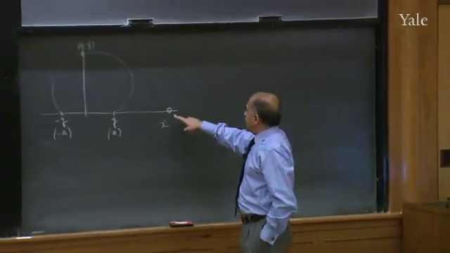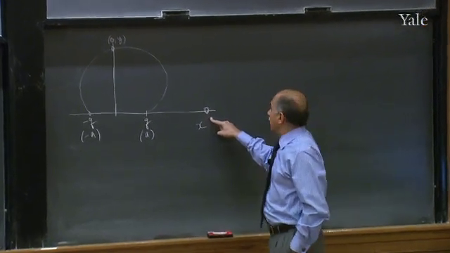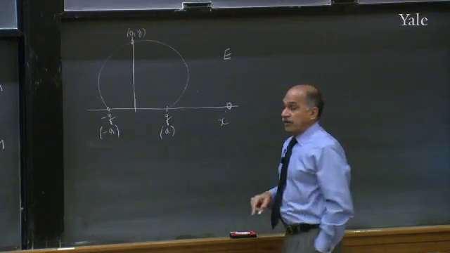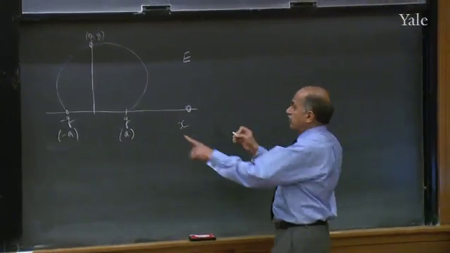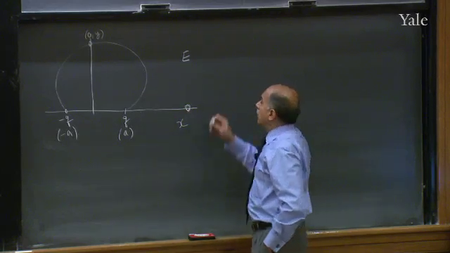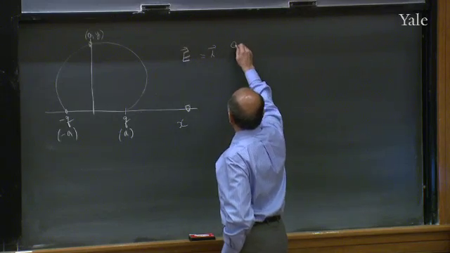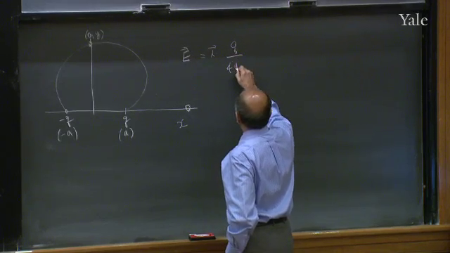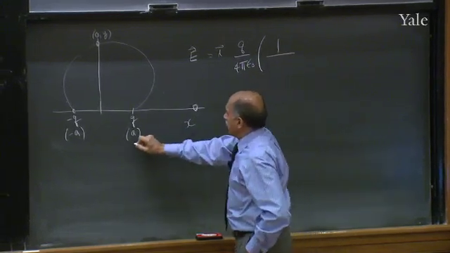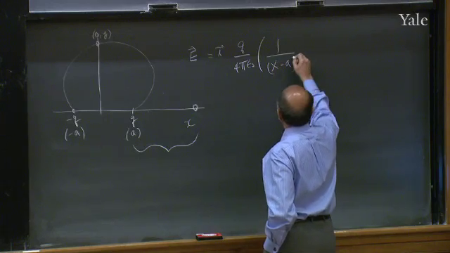So let's see what's the field at this point. The field at that point, you agree, is going to be entirely in the x direction, because this is pushing it, that is pulling it. So E is going to be i unit vector times Q over 4 pi epsilon 0 times that distance squared, which happens to be (x minus a) squared.